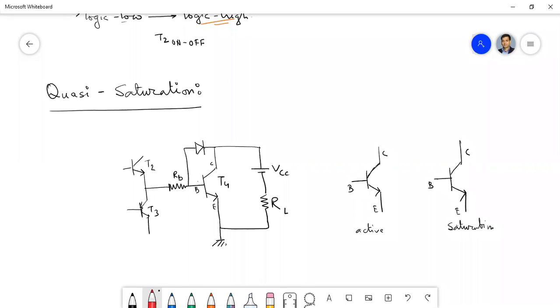What are the biasing states of the two junctions? B positive, E negative, so the base emitter junction is forward biased.